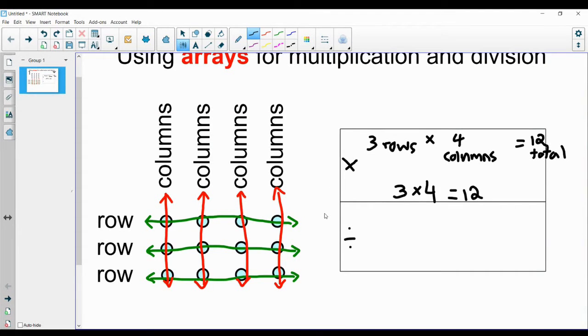It gets even crazier because this same arrangement is also showing us the related division facts, where 3 times 4 is equal to 12. When we do division, we think about how much we have in total. That's our first number. We have 12 in total. Then how many rows do we have? We have 1, 2, 3 rows.